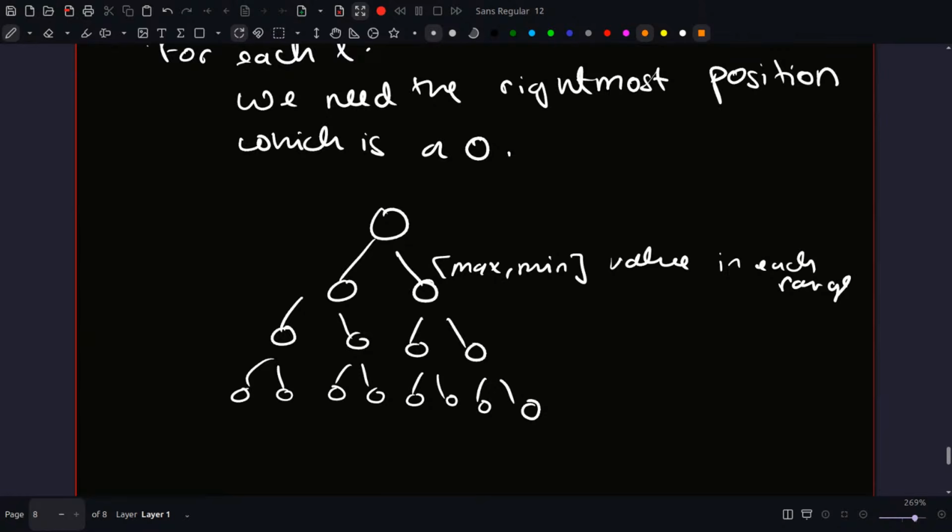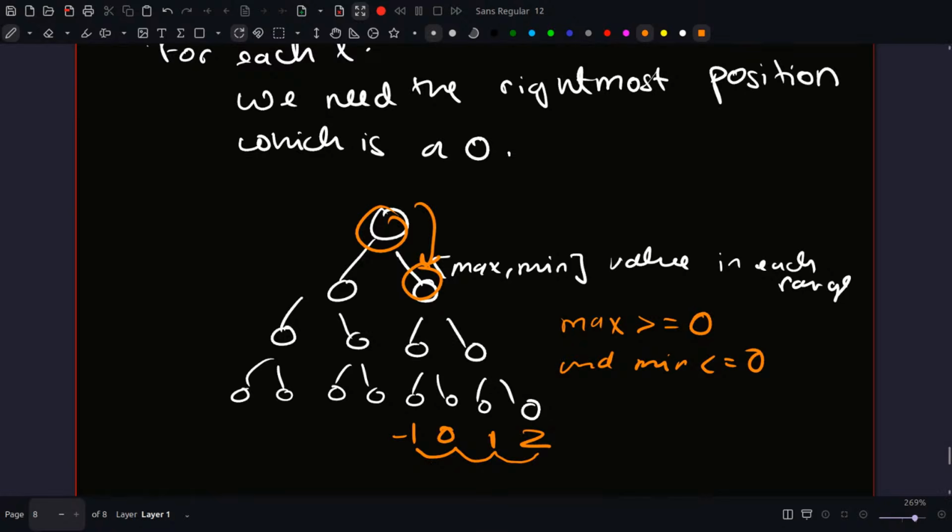Let's say the max of this range was 2 and the min of this range was -1. Then obviously to go from 2 to -1 you would have passed through 2, 1, 0, -1, right? So if max is greater than or equal to 0 and min is less than or equal to 0, then that means this half of the segment tree has a 0, correct?